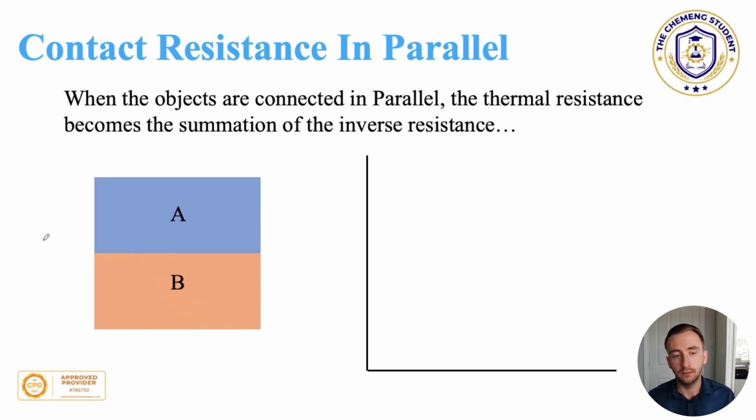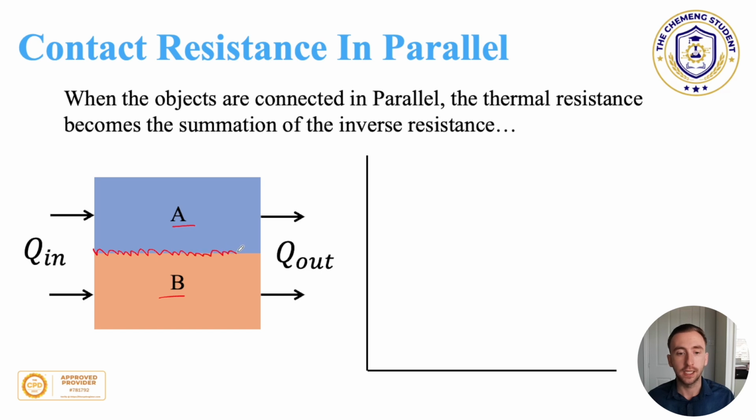Well, in simple terms, if we imagine we have Q coming in, so that's our heat flow coming in, and then we have our heat flow coming out of the material, then what you can see here is that we will have a change in the amount of Q for material A, which is the blue material, material B, which is the orange, and then we have our contact, which is in this section here.